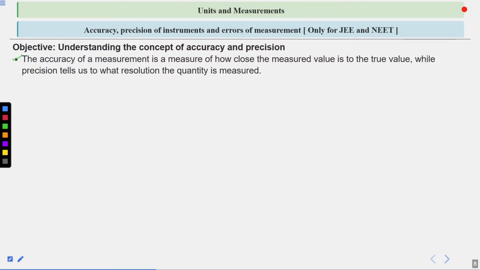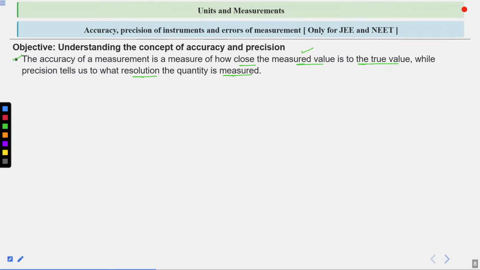Now here the question arises, what is accuracy? The accuracy of a measurement is a measure of how close the measured value is to the true value, while precision tells us to what resolution the quantity is measured. It means accuracy tells us about the measured value.